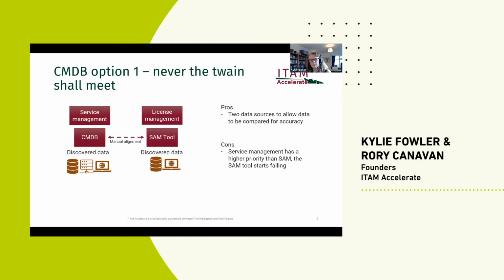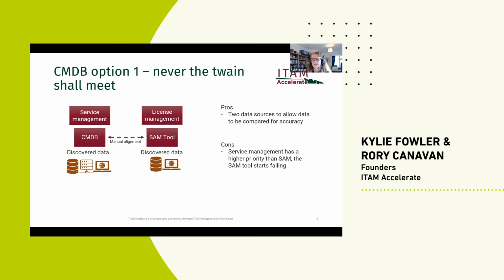And then we've got a completely separate tool which is going out and discovering a load of data, and the software asset management team are then using the data that's in the tool that it's discovered itself in order to perform license management actions. So there's no integration between the two tools whatsoever.